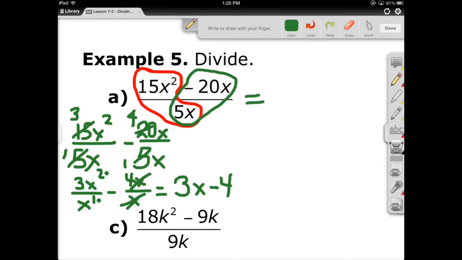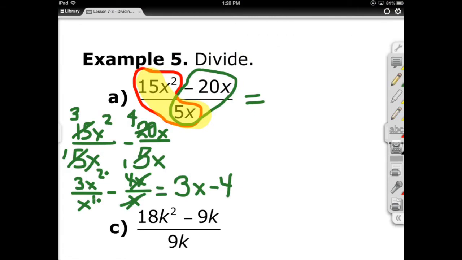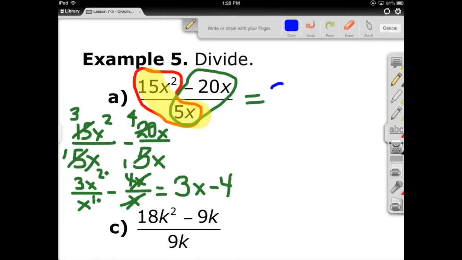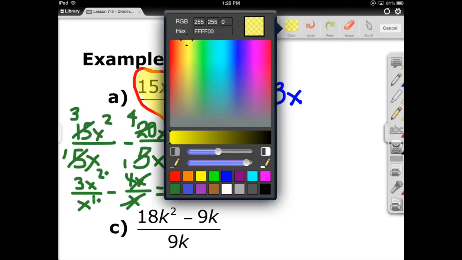Now, what I would have done is a little sneakier. I would have looked at this and said, just done this little sort of crisscross technique, and I'd look at this and I'd say, okay, right there, what we've got, let's choose a different color so we're clear, is we've got 3x, and then I would look at, let's choose our highlighter here, choose a different color. I don't know, maybe a little bit of orange, but turn the opacity down.